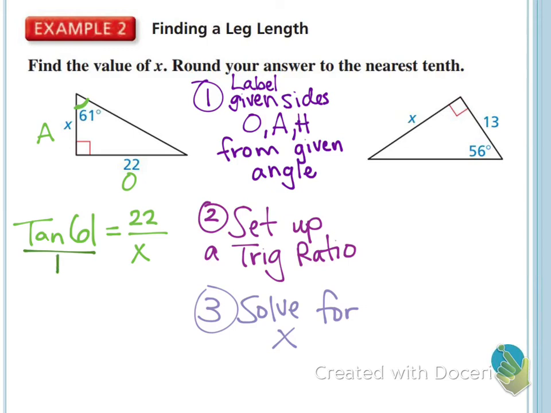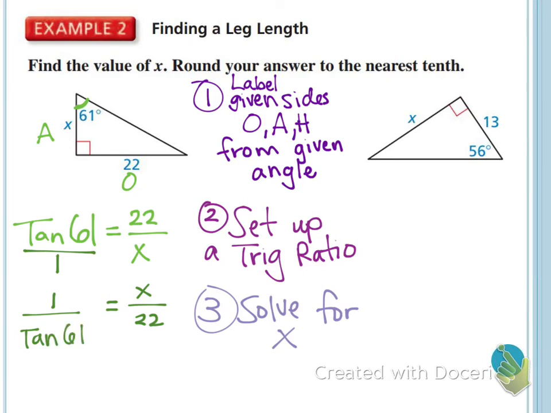If you typed in tangent of 61, like we did before, you know that this is worth a decimal, right? This is a number. So every number in the world is invisibly over the number 1. I want to have 22 on the bottom and x on the top. I can do that by flipping the right side, but if I flip the right side, what do I have to do to the left side? I got to flip it. So 1 will then become the top, and tangent of 61 will be on the bottom.